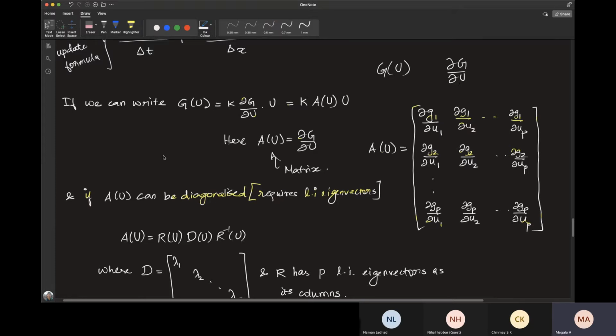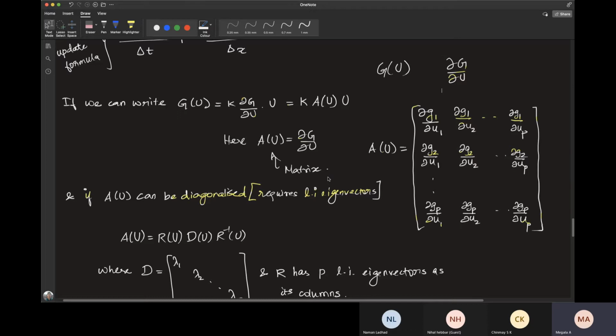So whatever we do from here on will hold only for such systems of conservation laws where this property holds. But this property is not so stringent because it holds for any hyperbolic system of conservation laws. So physical equations like Euler's equations will satisfy this property.